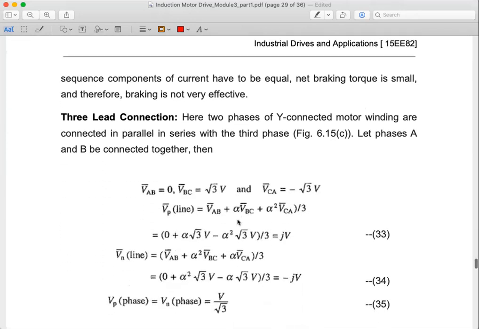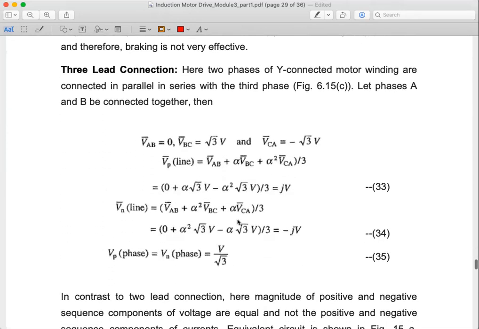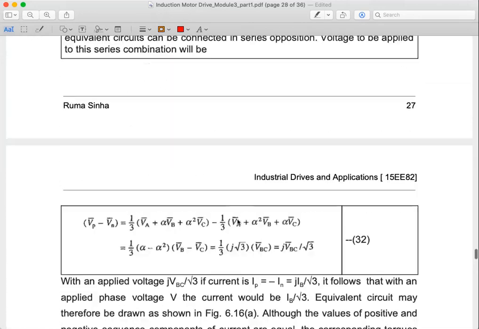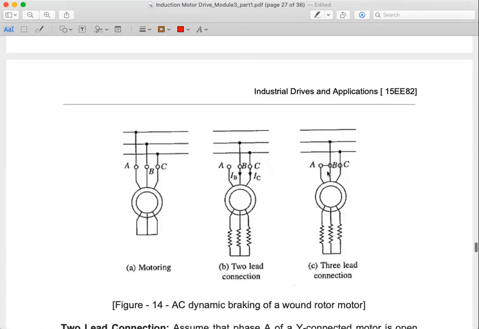Now coming to the three lead connection. For the three lead connection, we have seen this diagram here. In three lead connections, A phase is connected to B. So here we cannot get a relationship between the currents. We can rather get a relationship between voltages.